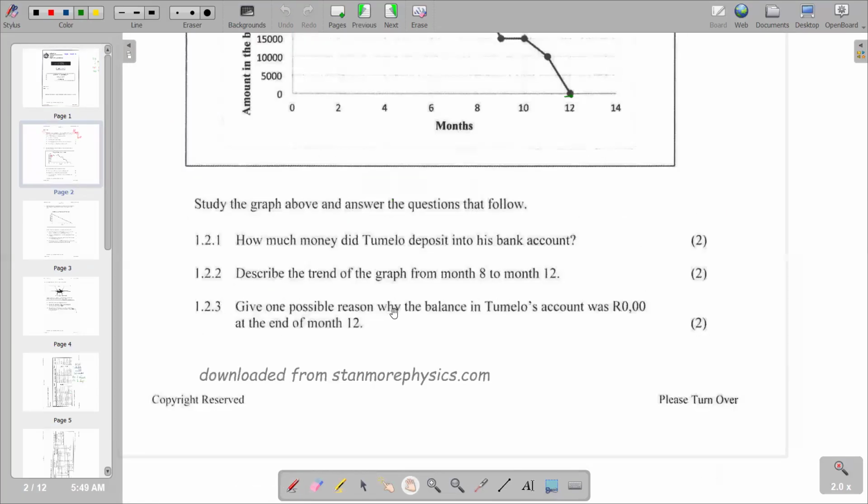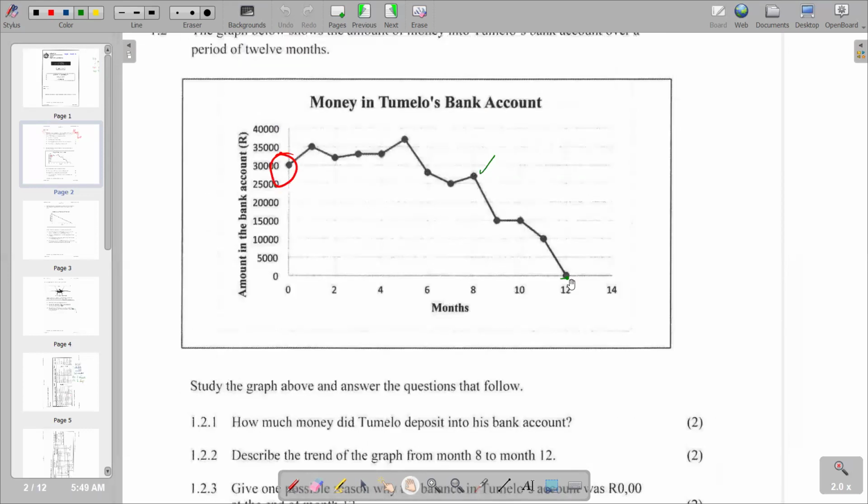Then we go to the next part of the question, which is 1.2.3. Give one possible reason why the balance in the account was 0.00 at the end of month 12. So we have month 12 here at the end of the trend, and the question is, why is it 0.00?